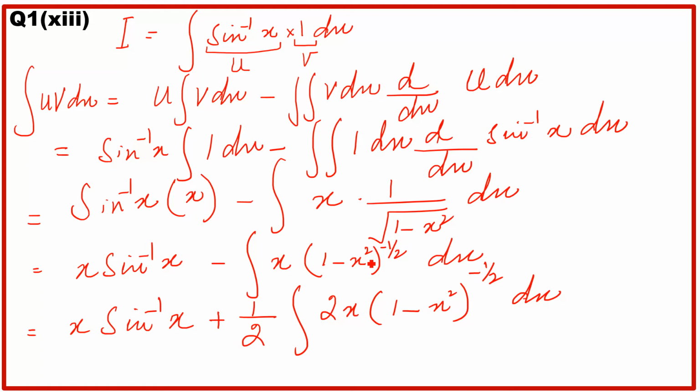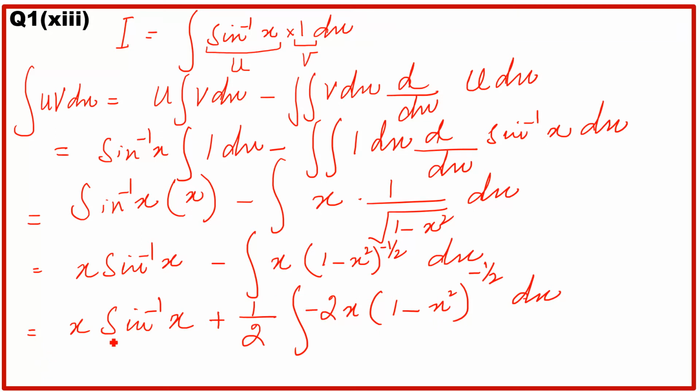This is the important point why I made it positive. We have to multiply and divide by minus 2, so this is minus minus plus, and here is minus as well.